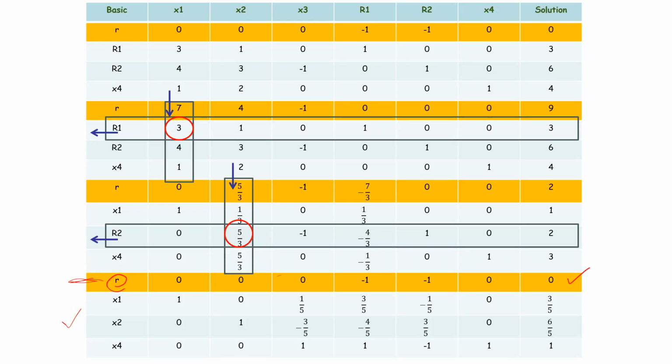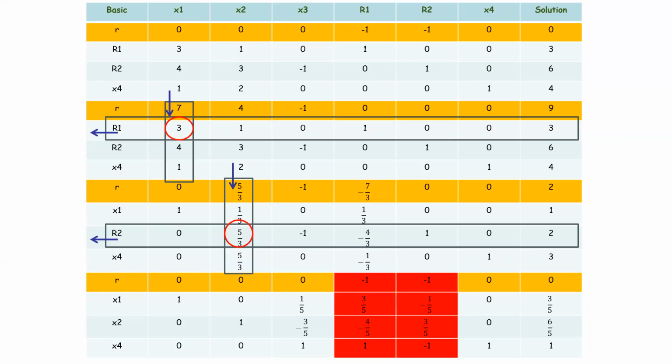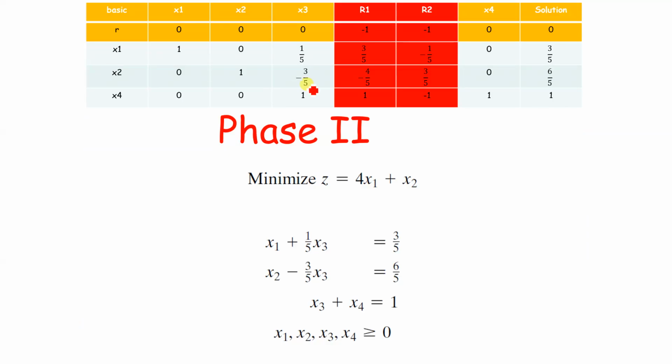Otherwise, since this is not positive, this is 0, it should be 0 to proceed with phase 2. So this is 0 in this case. So we are going to proceed with phase 2. So let me write this last tableau again like this. So this is the final optimal tableau of the previous phase.